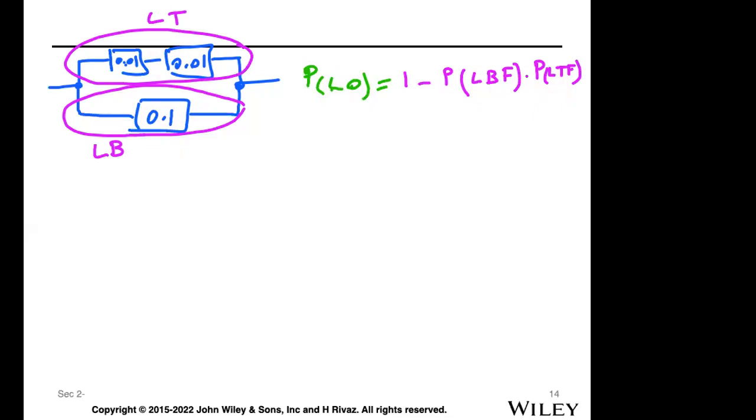And now we are good to go because all of these are easy numbers to write down. So 1 minus the probability of the left bottom part failing, which is already given. It's 0.1. And then the left top part failing. For the left top part to fail, either one of those two guys has to fail, right?